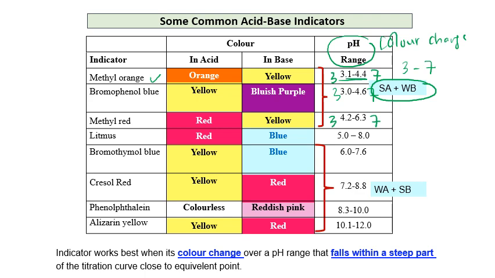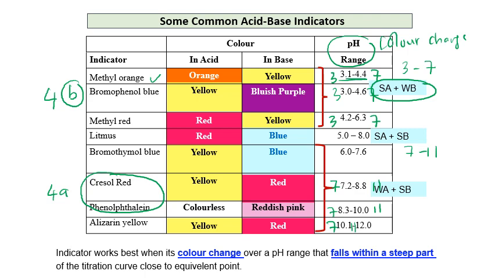This is the indicator that you can choose for question 4B. However, for a strong base and weak acid, the steep part pH range is 7 to 11. So these two, cresol red and phenolphthalein, will be suitable as the answer in 4A.